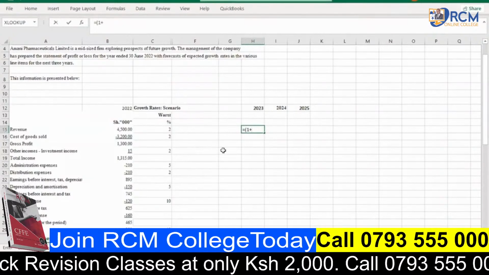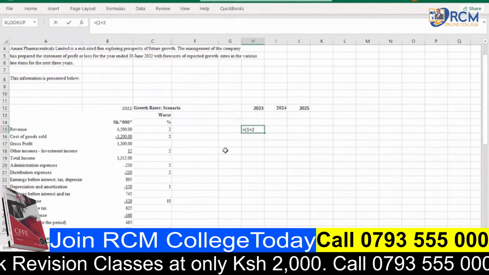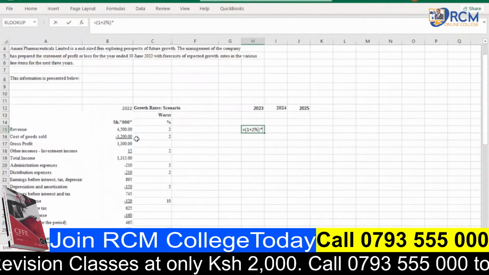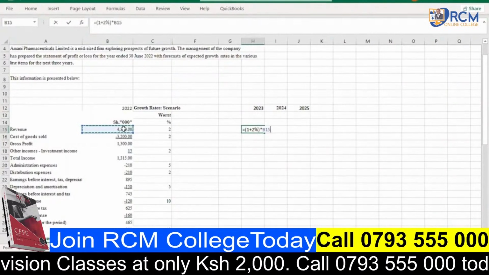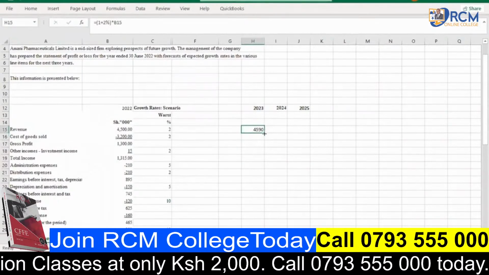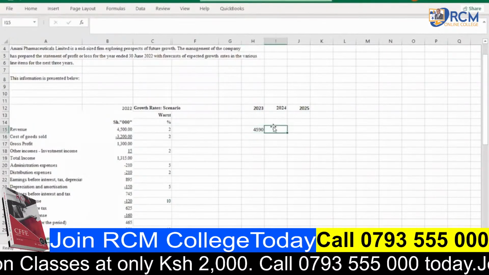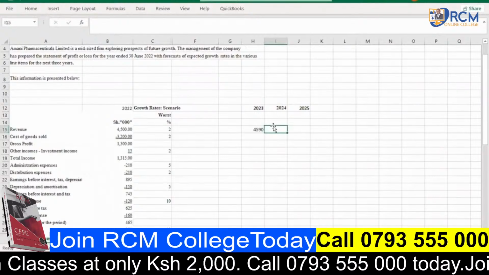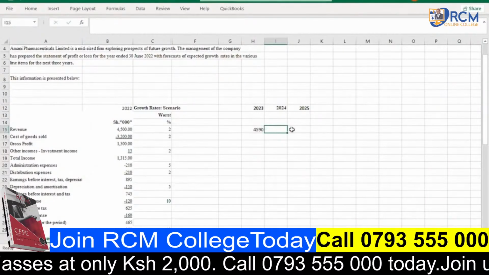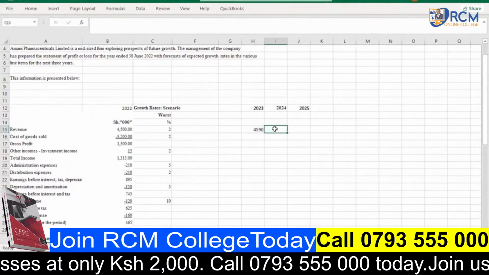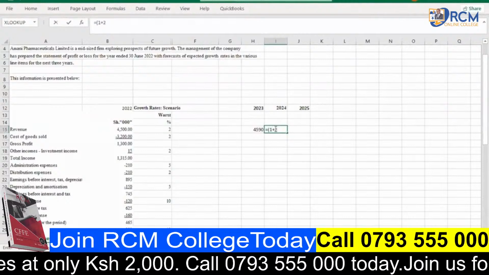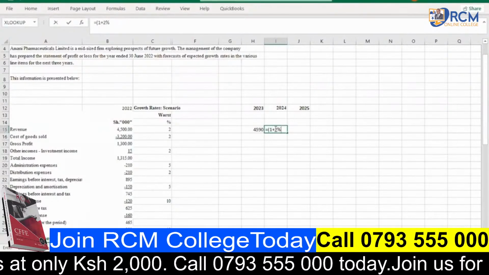So I indicate that it's going to increase by 2%, and then I multiply that by the revenue of the previous year. Then my new revenue for 2024 will be equivalent to 1 plus the percentage growth rate.